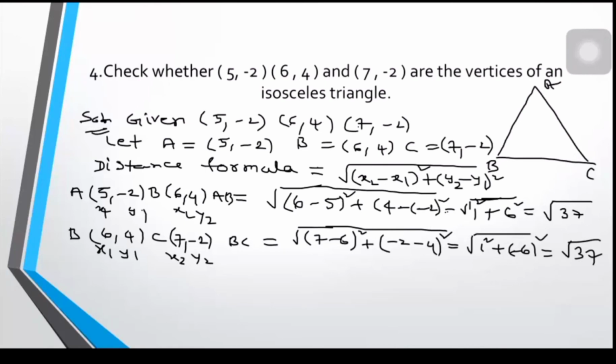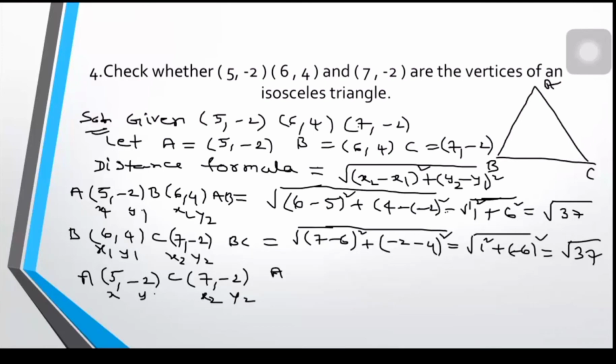Next AC. A point 5 comma minus 2, C point 7 comma minus 2; x1 y1, x2 y2.